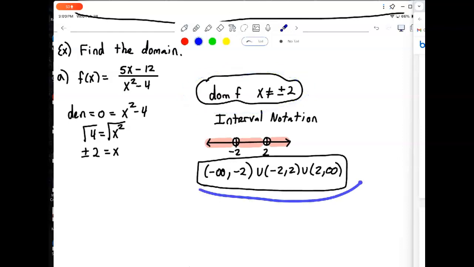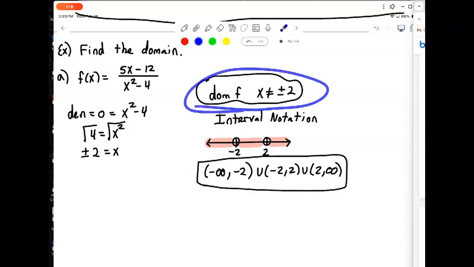But I understand why the book wants you to use interval notation over and over again, just to get it nailed down for you. So that's what you're going to be looking for in the book. If you were doing a problem like this on a test, though, unless the directions tell you otherwise, I would be fine with you writing it out like this.